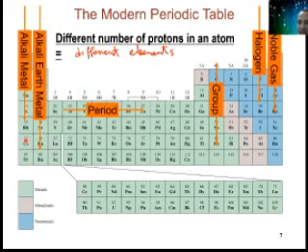And you can see that the periodic table is really helpful to have an idea about the trends of chemical properties. Like, all elements on the left-hand side of the periodic table are metals. All elements on the right-hand side are non-metals, and the elements on the border are metalloids or semiconductors.